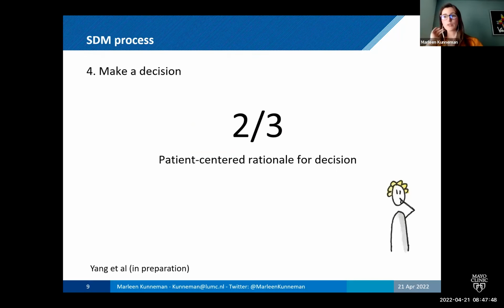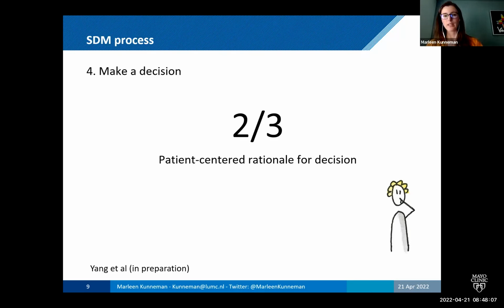The last step of shared decision-making is to make a decision. And it really doesn't matter who makes that decision, as long as that decision is based on the available evidence, the unique situation of the patient, and whatever matters to that patient. Andrew Yang, a colleague of ours, is now working on a study, and he found that in about 2/3 of encounters, the final decision includes at least one patient-centered rationale.